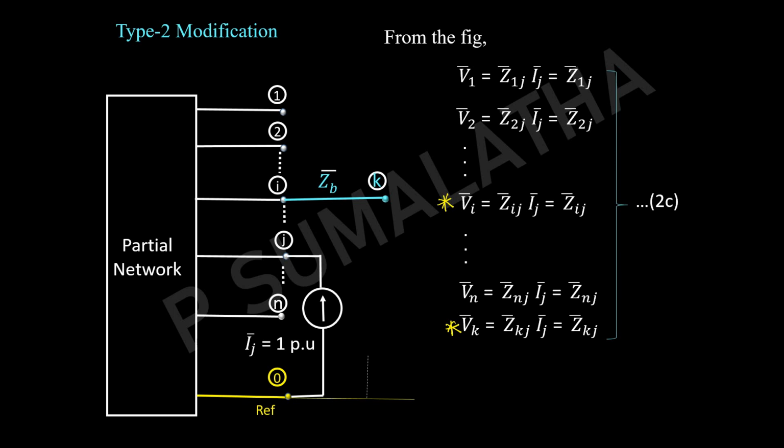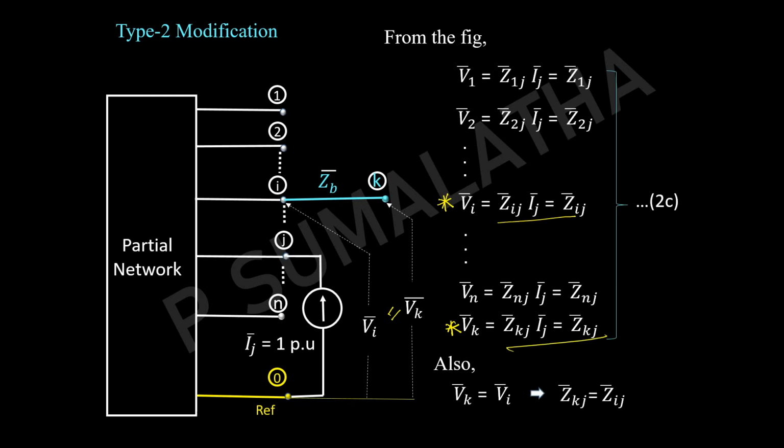The voltage with respect to the ith bus is V suffix i, and the voltage with respect to the kth bus is V suffix k. These are the two nodes that are connected. Since there is no current, V suffix k will be equal to V suffix i. According to this relation, we can equate these two expressions, that is Z suffix kj equal to Z suffix ij.